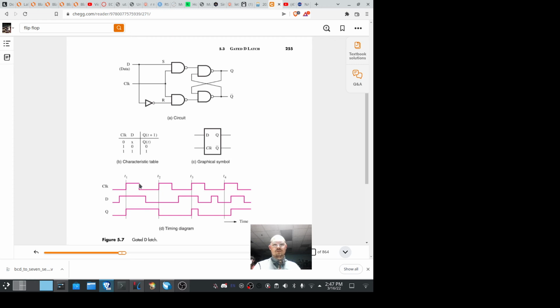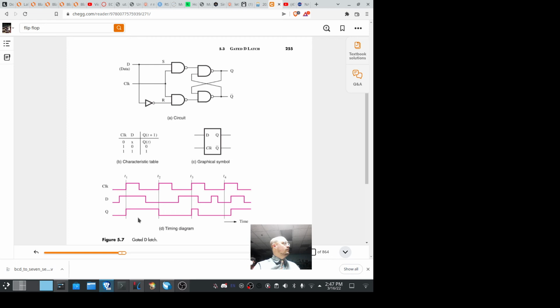Now we have a situation where the clock here goes low, right here. While the clock is low, data also changes to low. But if we were to draw a line straight down, we would see the value on Q is still high. That's because if the clock is low, D cannot propagate over to Q, so Q retains its original value.